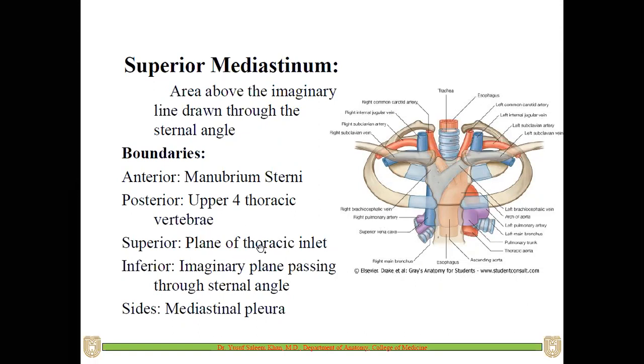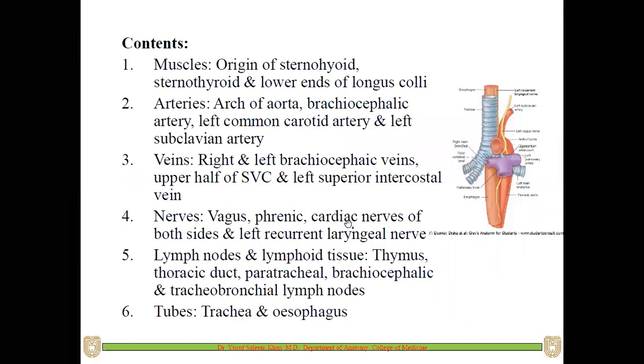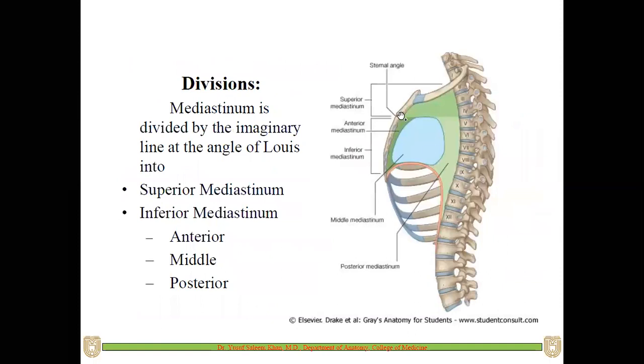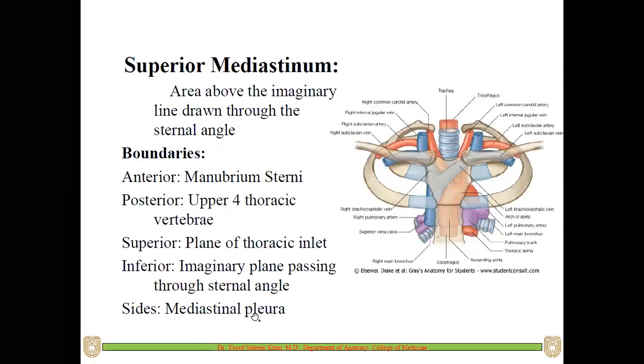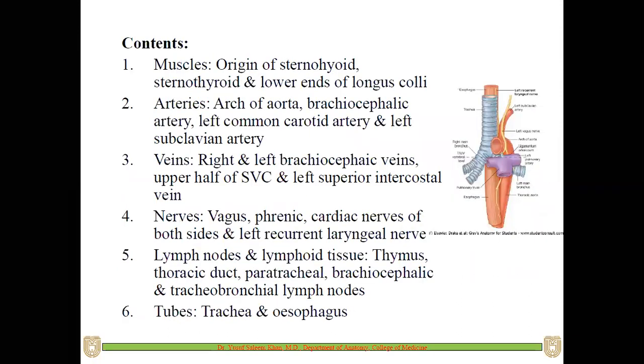Inferiorly, an imaginary line passing through the sternal angle, drawn from the sternal angle up to the fourth vertebra, is the inferior boundary of the superior mediastinum. On the sides, we have the covering of the lungs, the mediastinal pleura.